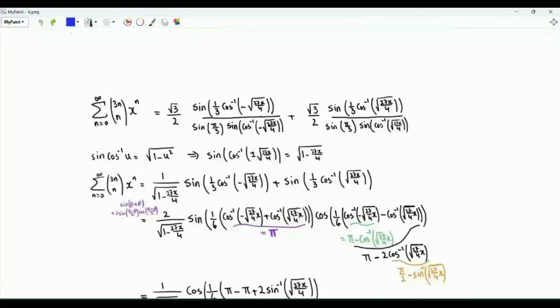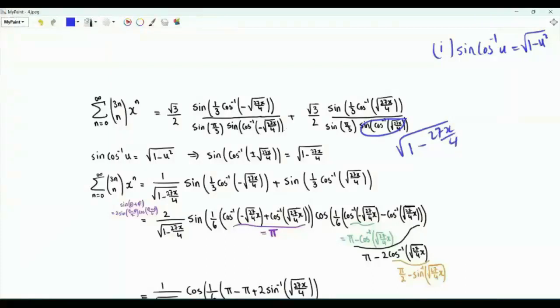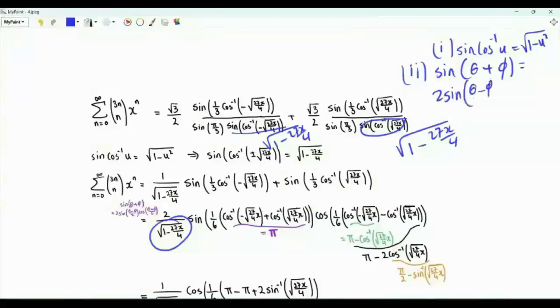To make our final result look nicer, we make use of four results. The first is that sine cosine inverse u is the square root of 1 minus u squared. This is the square root of 1 minus 27x over 4. This is also the square root of 1 minus 27x over 4. The second result, sine theta plus sine phi is equal to double sine of theta plus phi divided by 2, cosine of theta minus phi divided by 2.